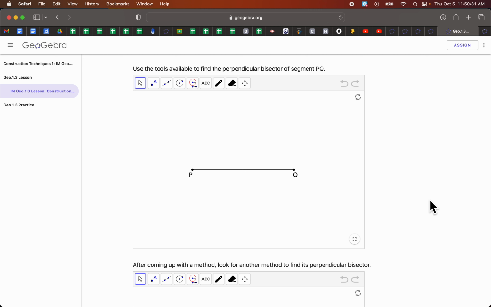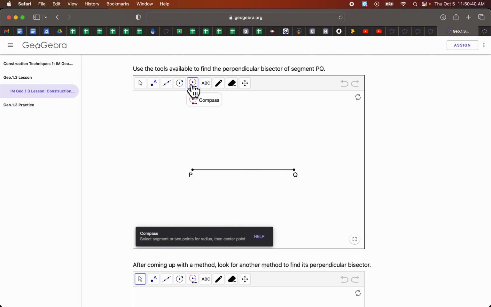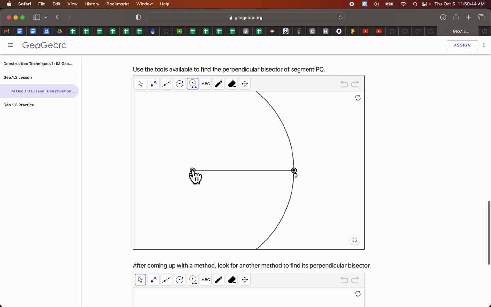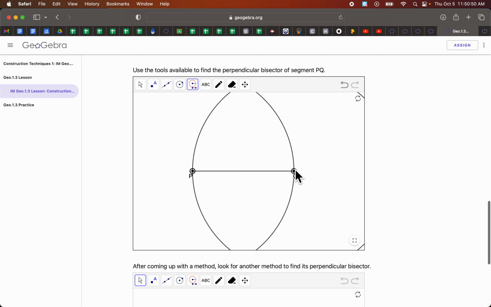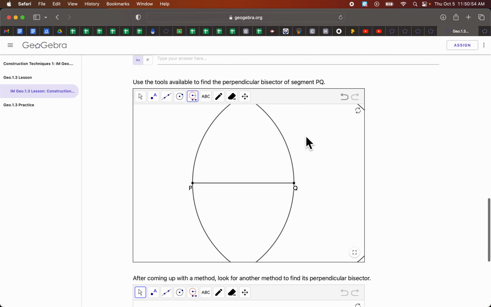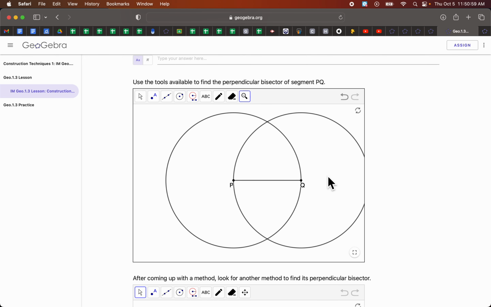All right, so we have to find all of the points that are the same distance from P and Q. Now we know that if we have a circle like this and another circle like this, right? I think I need to zoom out a little bit. Will it let me? Zoom out. There we go.